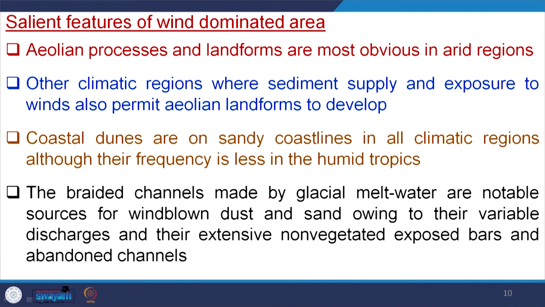Then, salient features of wind-dominated areas. First, Aeolian processes and landforms are most obvious in arid regions. This region should be arid. Then, other climatic regions where sediment supply and exposure to wind permit Aeolian landforms to develop.